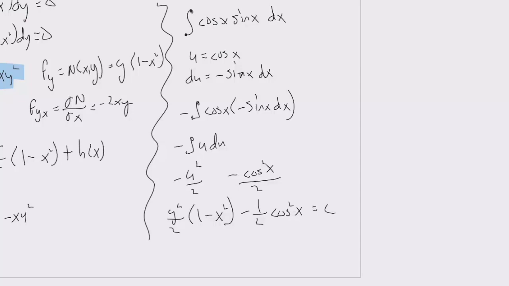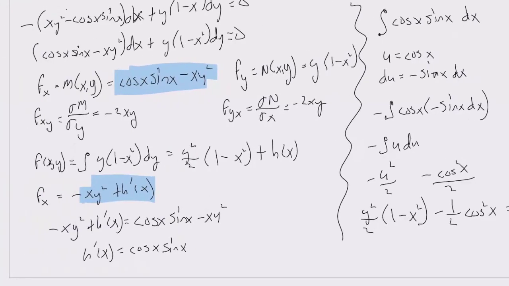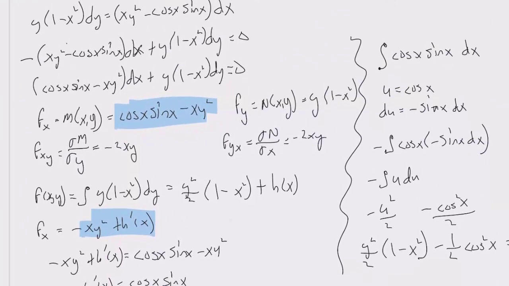All right, and then we had an initial condition at the very beginning, which is y of 0 equals 2.